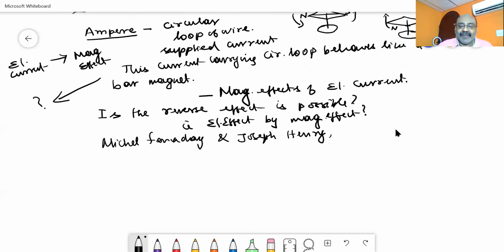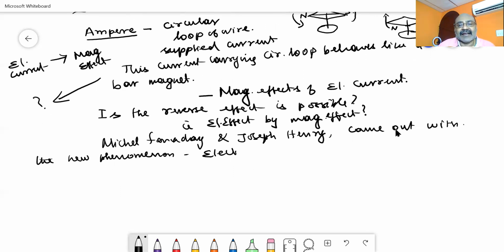So Michael Faraday and Joseph Henry came out with the new phenomenon, and that new phenomenon we are taking as electromagnetic induction, where we are able to get the electrical effect from the magnetic effect.